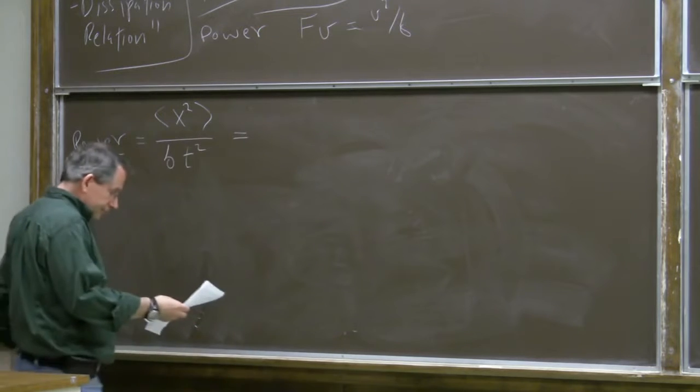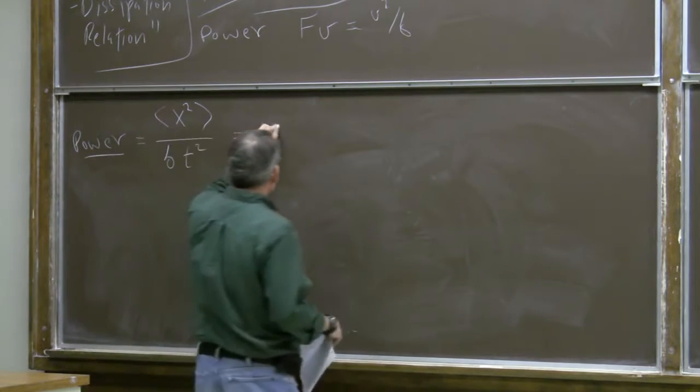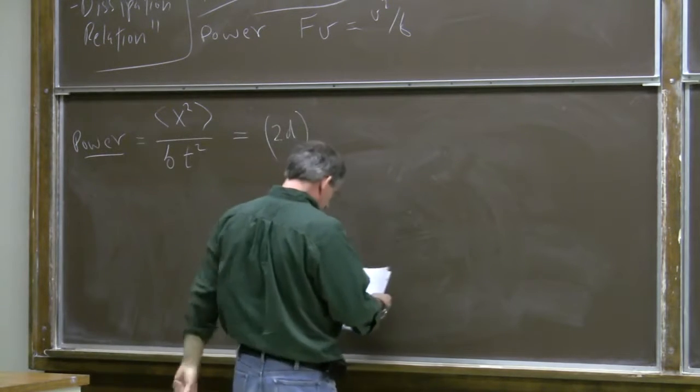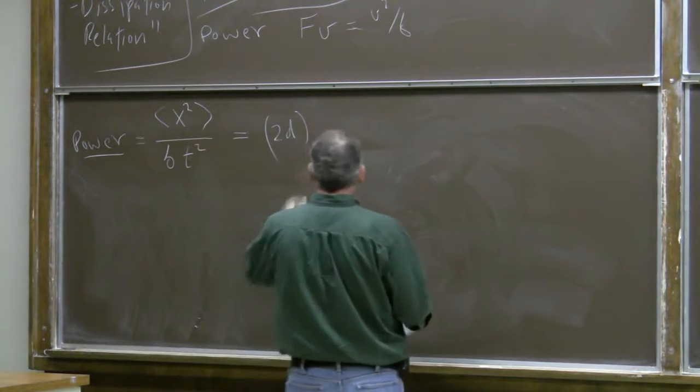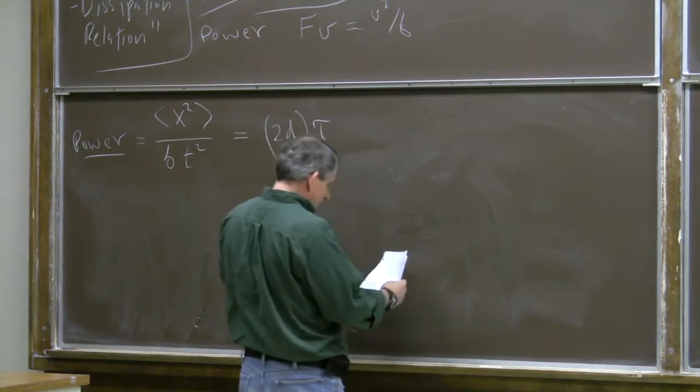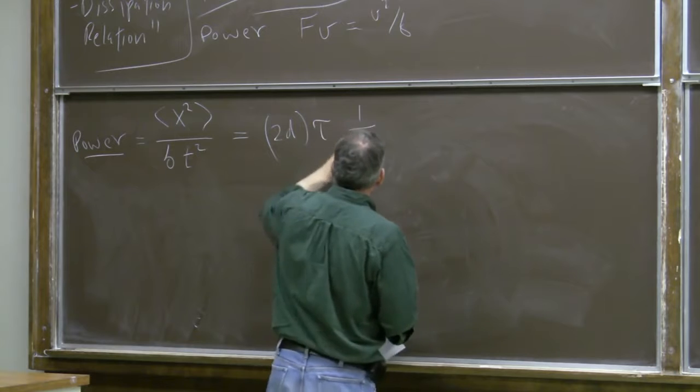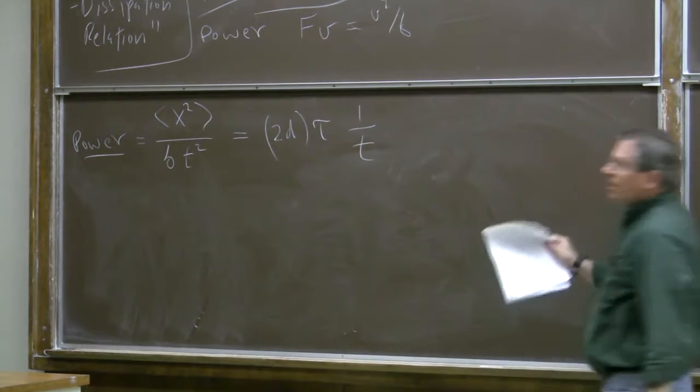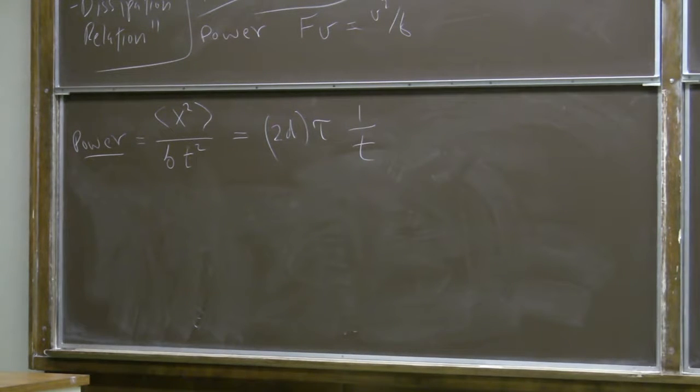And in d spatial dimensions, it would actually be equal to 2d times the temperature times 1 over t. So you can think of t as a characteristic time over which you're watching the motion of the particle, and 1 over t is kind of like a frequency thing.